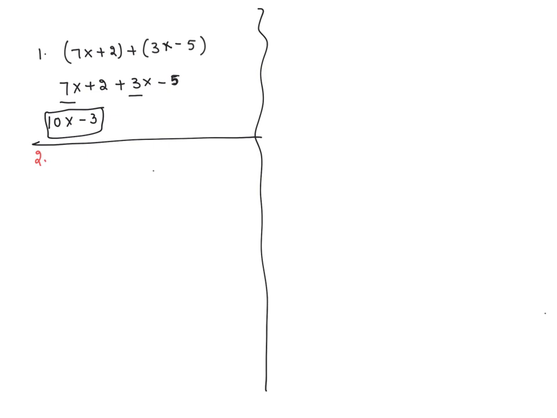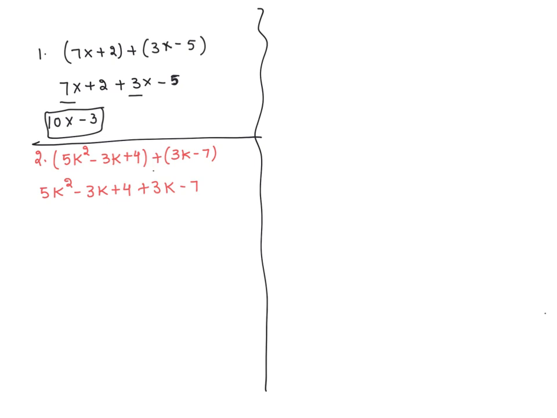Question number 2 we have here is 5k squared minus 3k plus 4, plus 3k minus 7. I'm going to rewrite this without the bracket, and this time we do not have to change the sign inside because the sign outside is positive. And now we are going to combine the like terms.